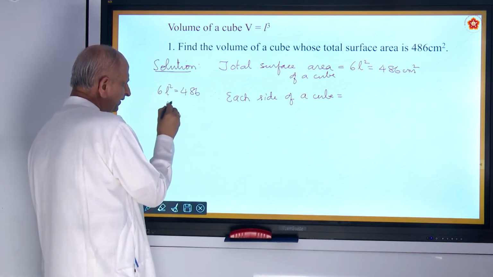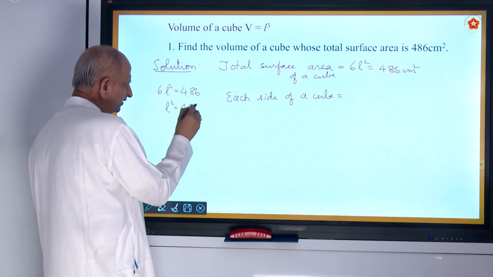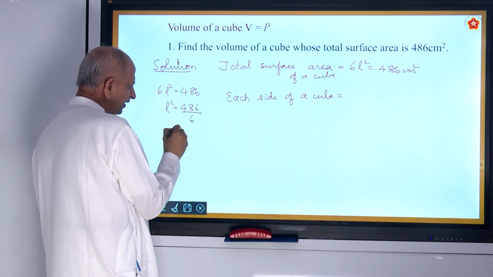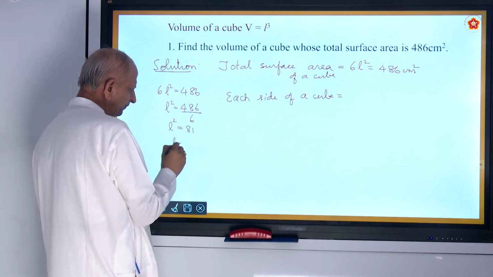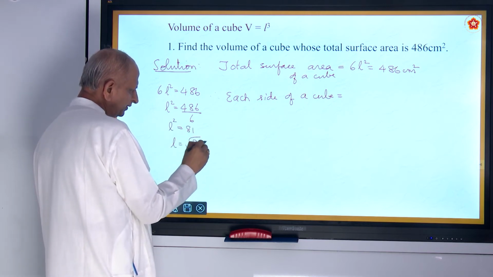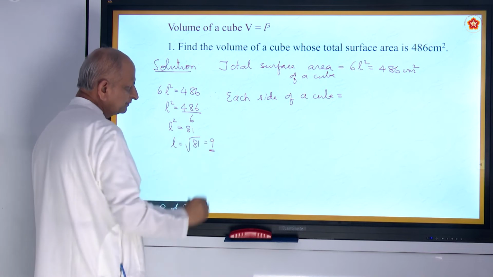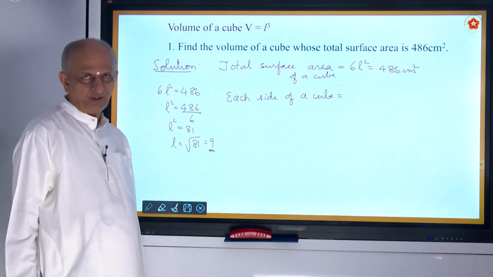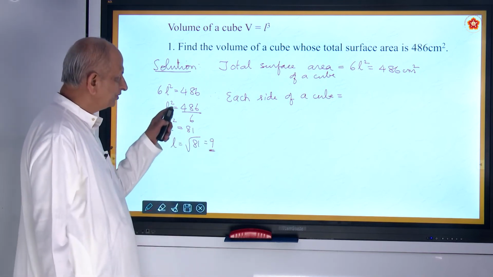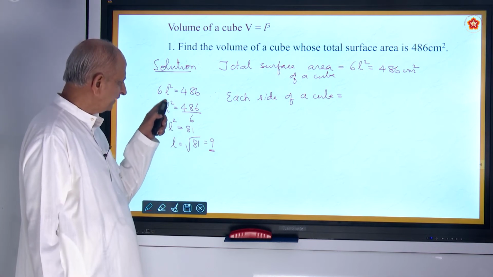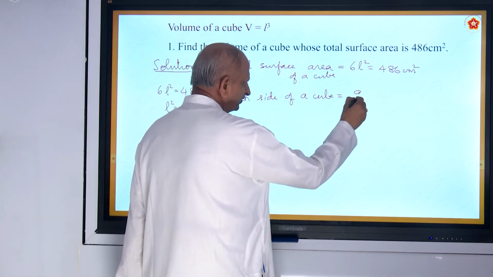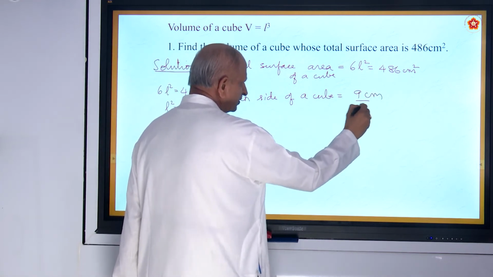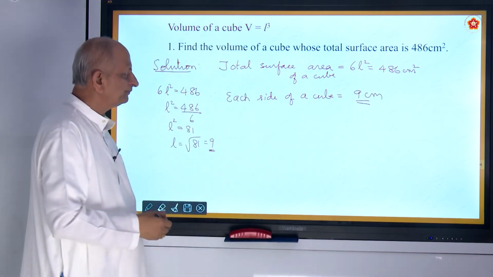So L square becomes 486 by 6, 81. L square is 81. So L becomes root of 81, that is 9 centimeters. Following? So total surface area, by that we can find out each side. That becomes 9 centimeters. Note down this working.